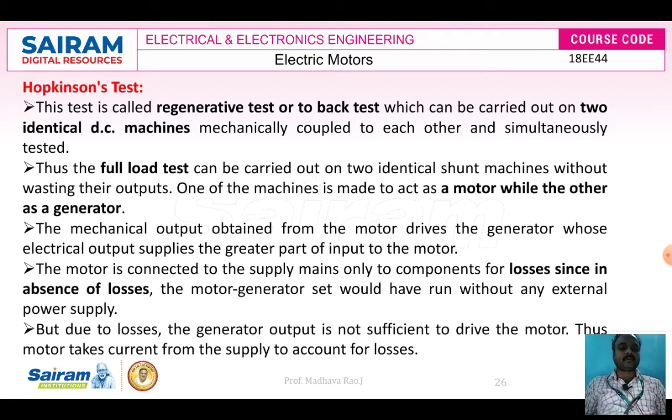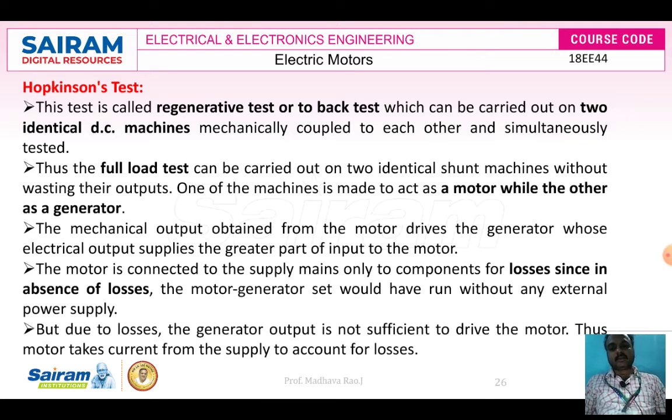So generator and motor both are coupled back to back to each other. The generator, whose electrical output supplies the greater part of input to the motor. So that's why this test is called regenerative test.